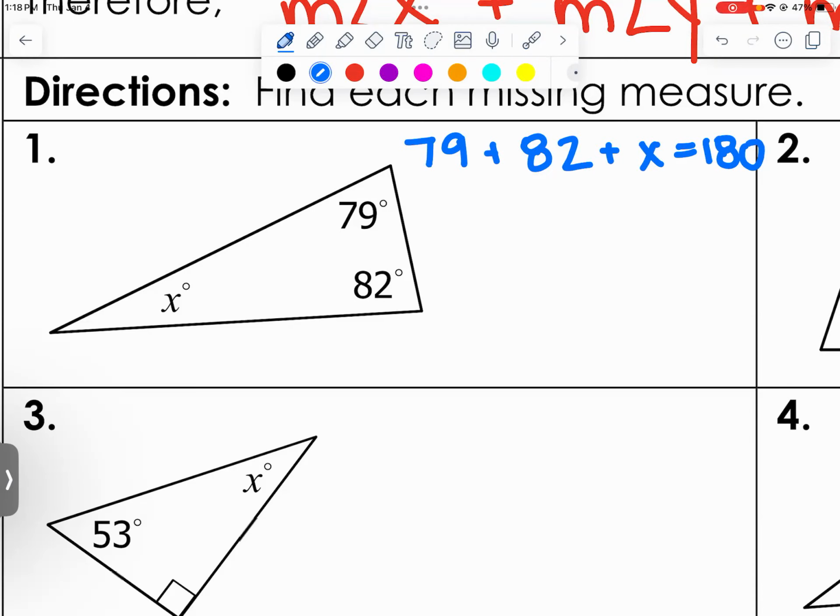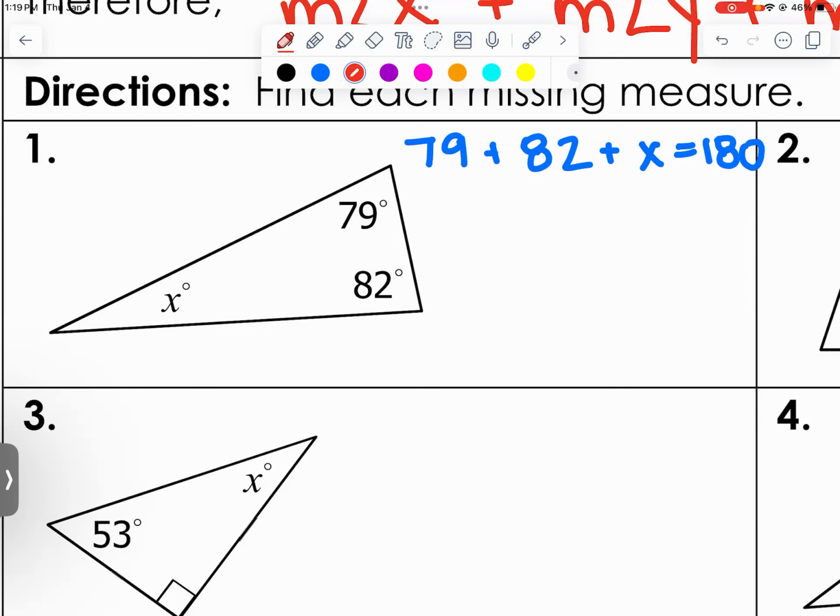Now, Emma already thinks that the answer is 19. How did she get 19? Who can tell me, besides Emma, how Emma got 19? What do you think we should do, Lainey? Okay, so let's do this.